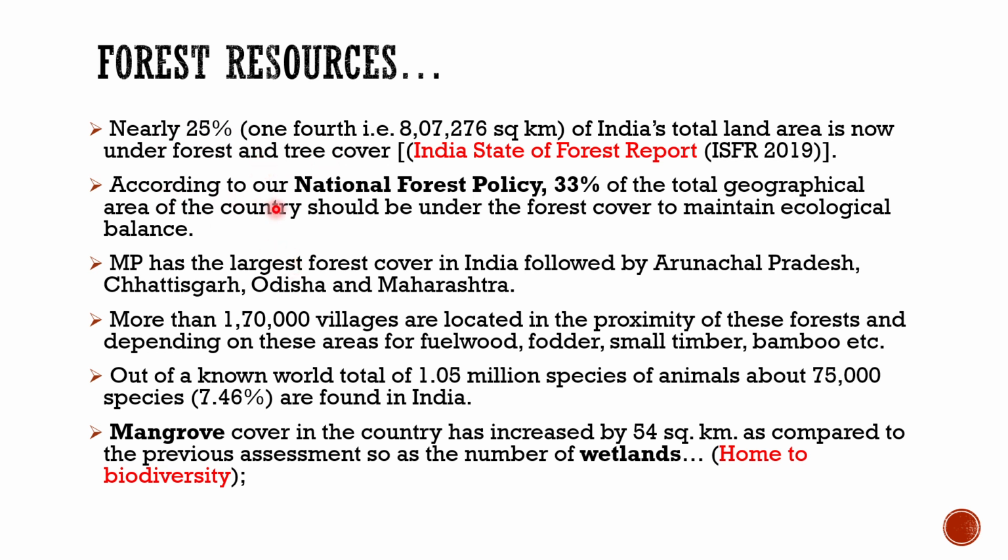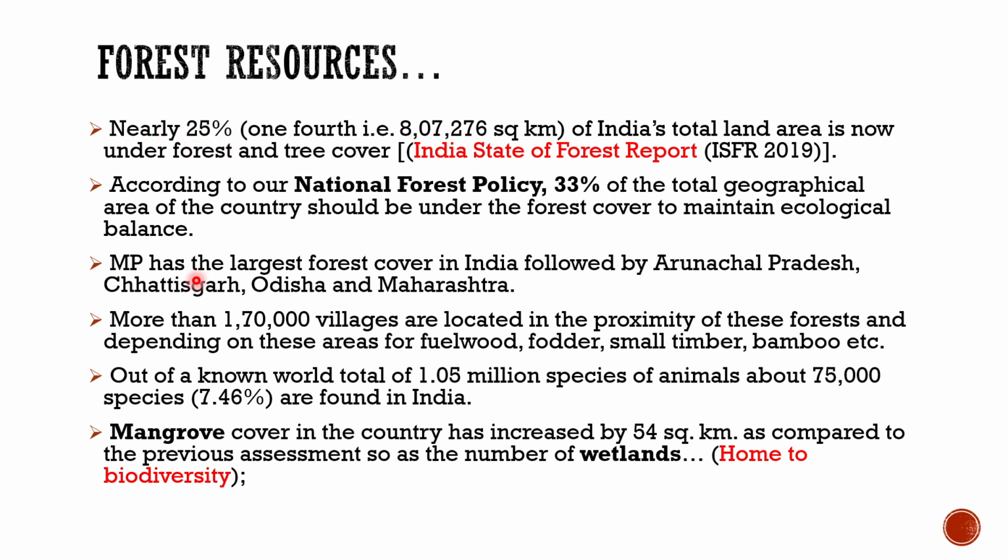The National Forest Policy is committed to having 33% of land area under forest and tree cover, and we are now targeting this 33%. Right now we are at 25%.